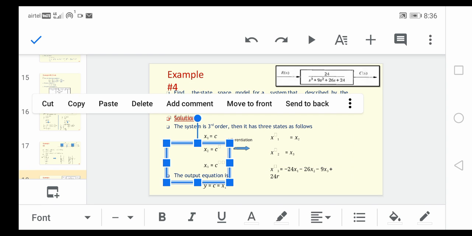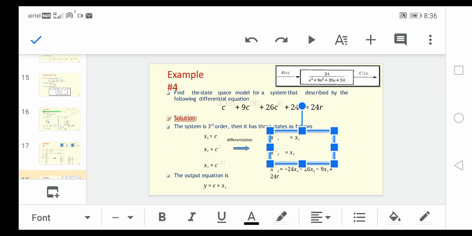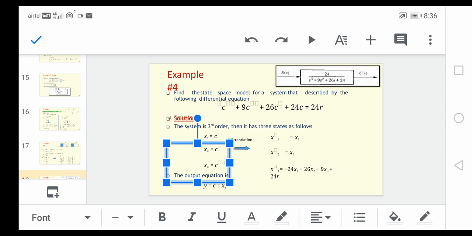Now x1 dot equals x2, x2 dot equals x3, and x3 dot is nothing but c triple dot. It is just a substitution wherever you have these values.